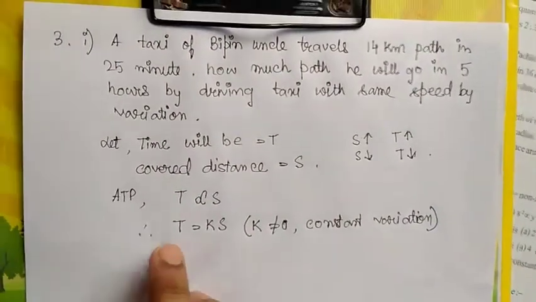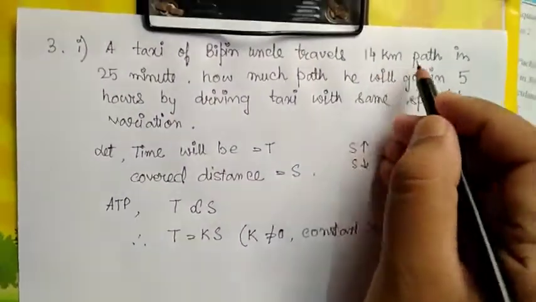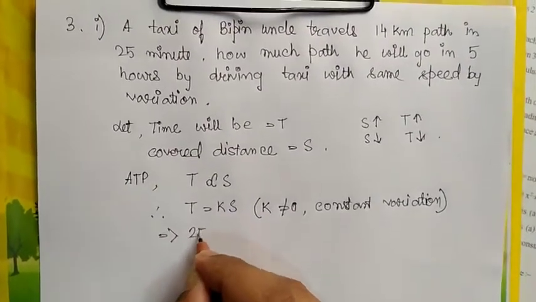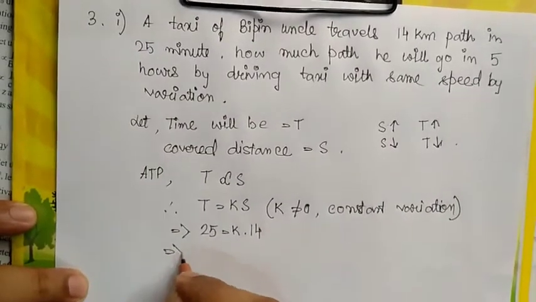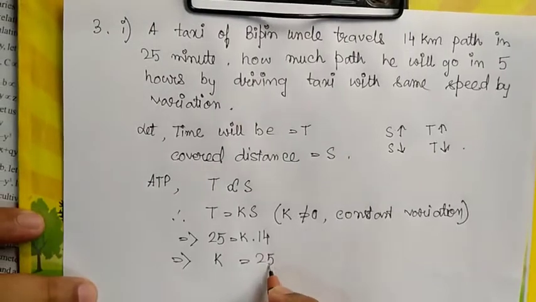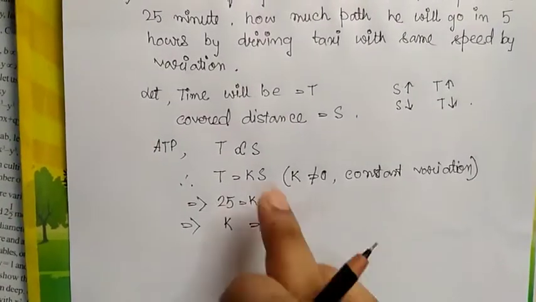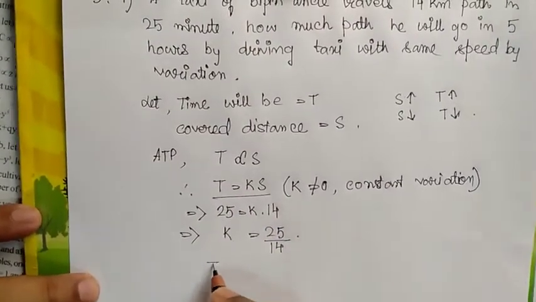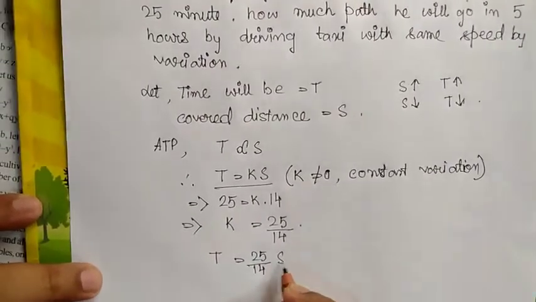First of all, here time is 25 and total distance is 14. So therefore 25 equal to k into 14. So therefore the value of k equal to 25 by 14. So putting those values in this equation, we can get t equal to 25 by 14 s.